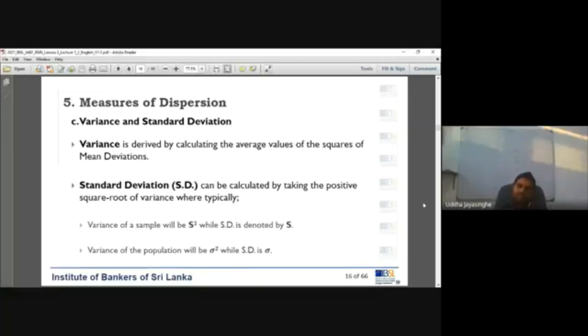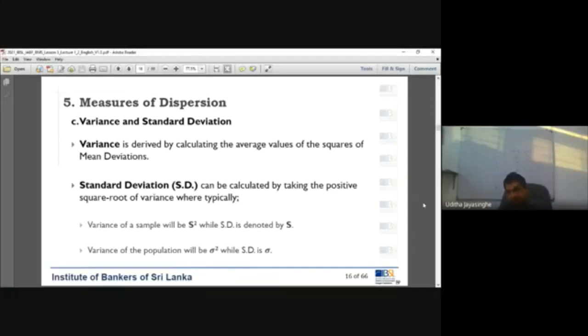Variance is derived by calculating the average of the squares of mean deviations. Now, instead of taking these absolute values, in variance we take the square of the deviation. So instead of this negative 4, we have to take the square of negative 4.